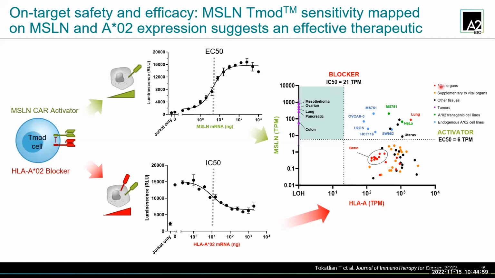So anything above the blocker IC50 should have enough A2 expression to be protected with the blocker.